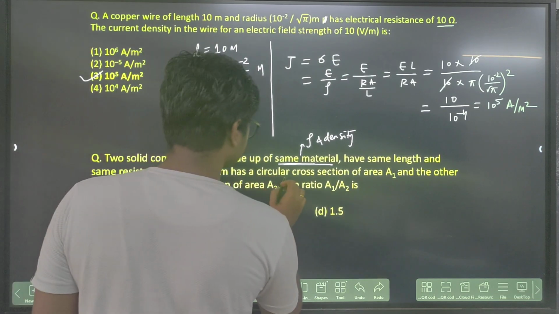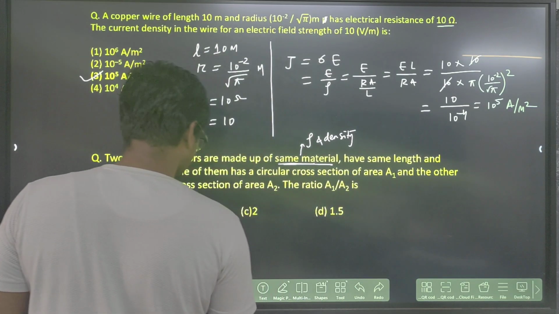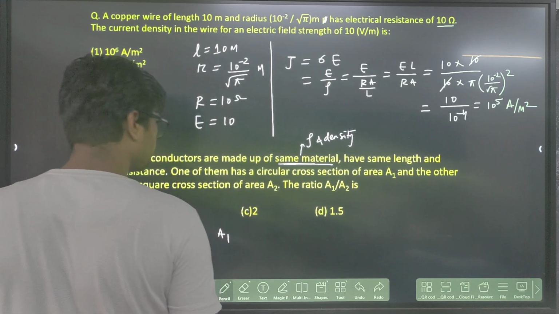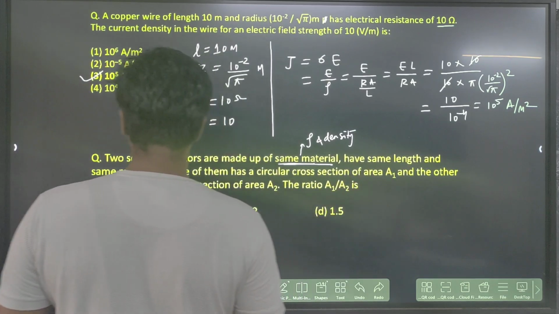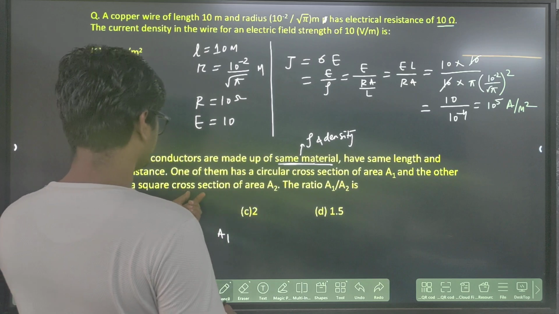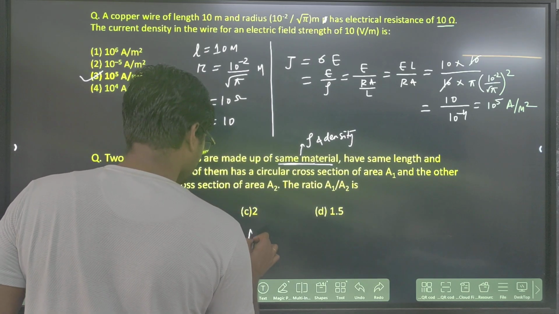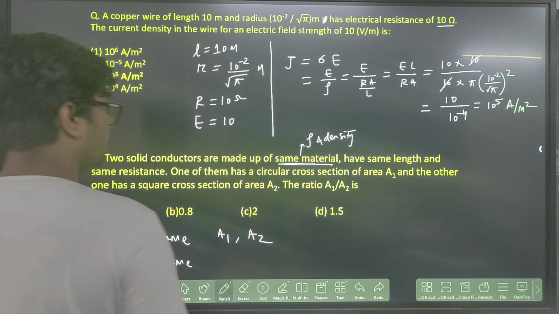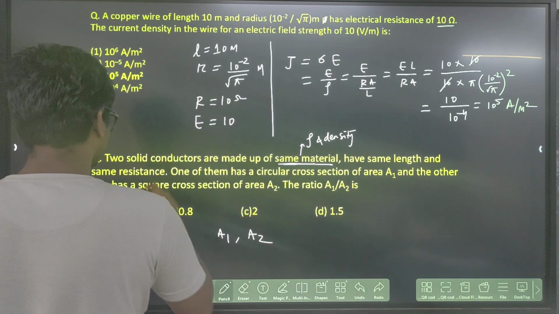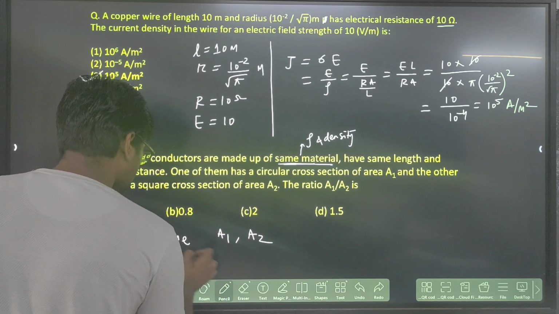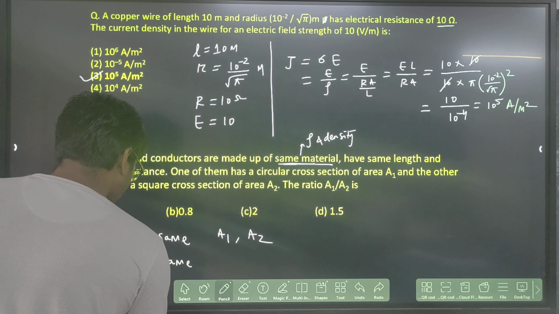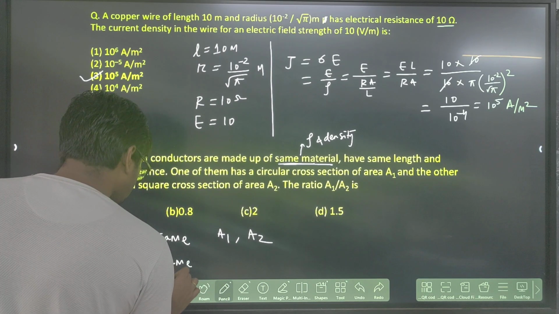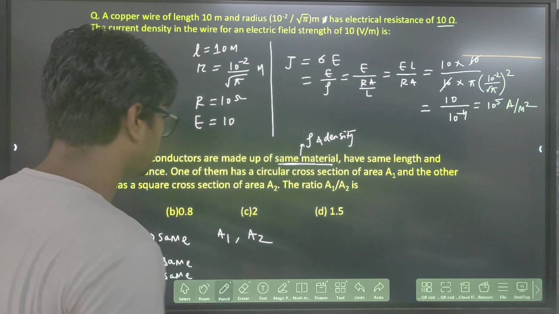One of them has a circular cross section A1, and the other has a square cross section A2. Same length and the same resistance also, so R is also the same for both cases.